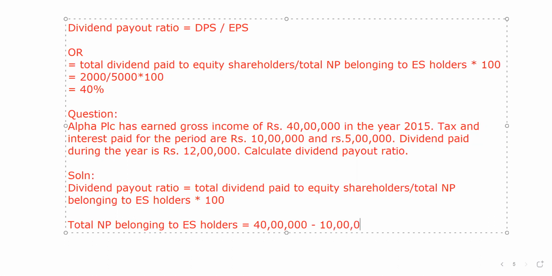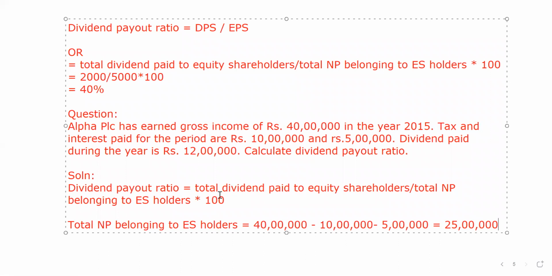Now we have net profit after tax, but before interest. Then we have to again deduct the interest amount. And now we have reached the net profit belonging to equity shareholders. 40 minus 10 is 30, 30 minus 5 is 25 lakh. 25 lakh is the total net profit belonging to equity shareholders.